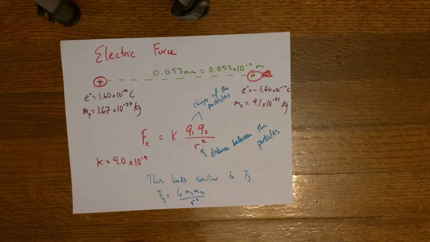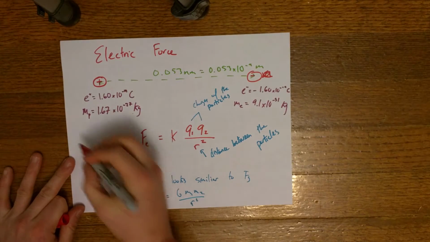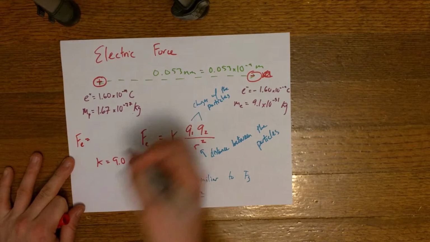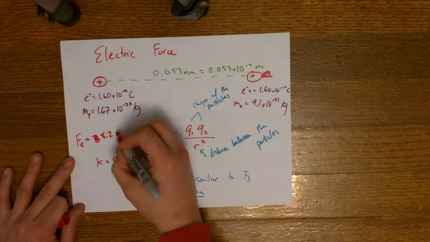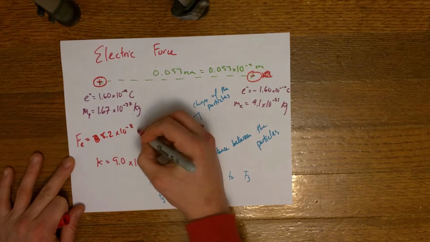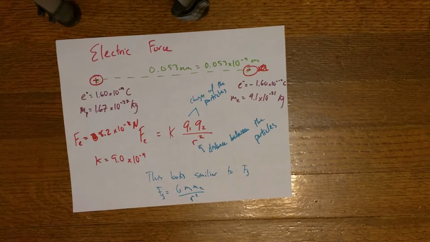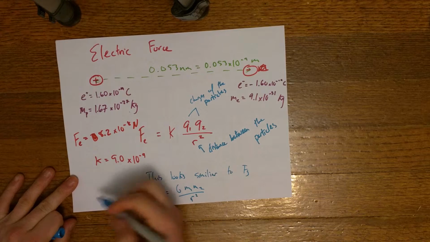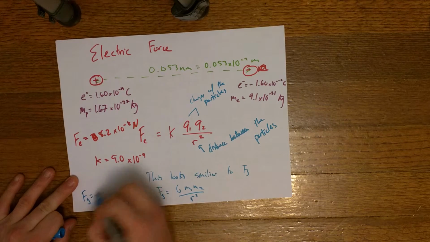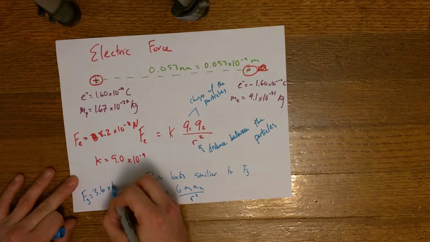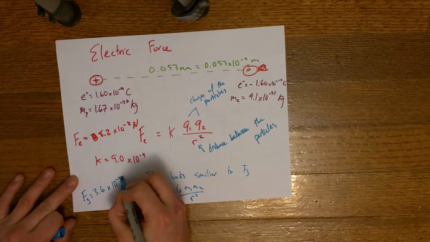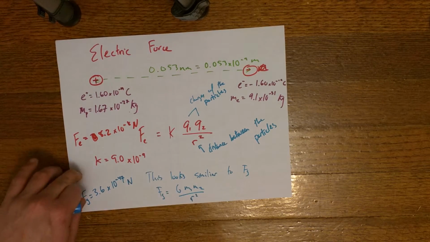That Fe for these two particles is about 8.2 times 10 to the negative 8th newtons, because we're talking about a force. And the force of gravity on these two particles is about, if you're plugging in all of your knowns, 3.6 times 10 to the negative 47 newtons.